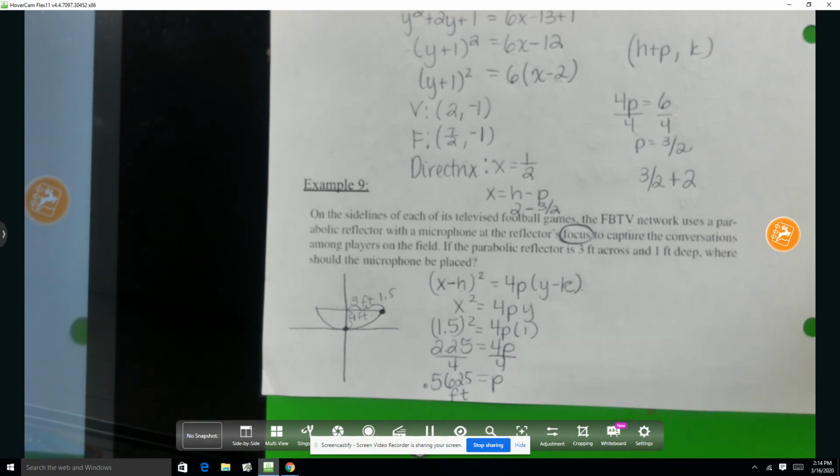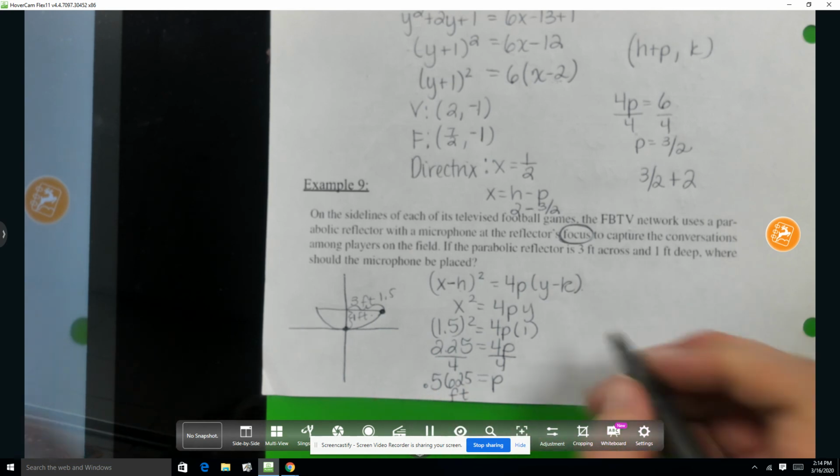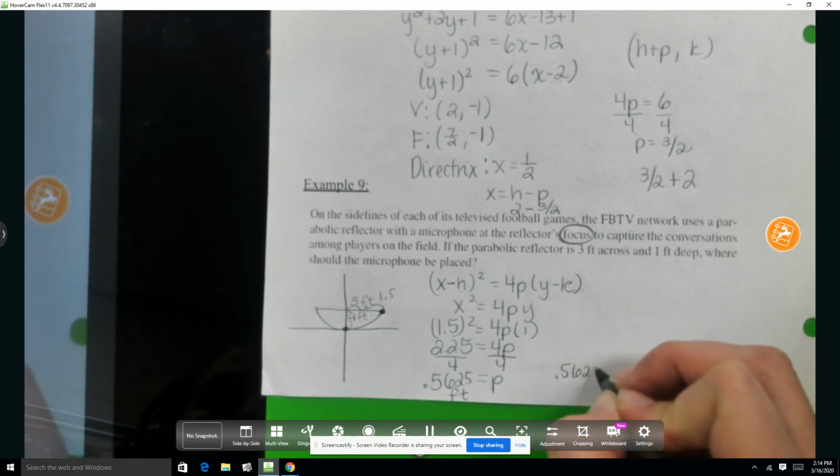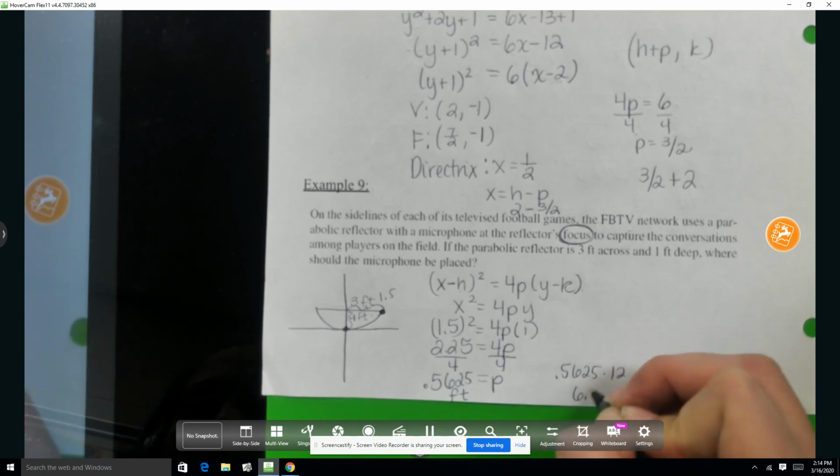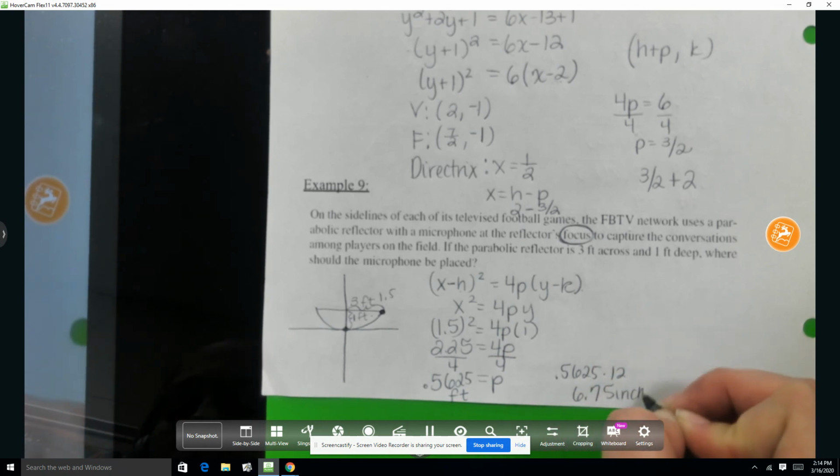So P, remember, stands for your focal length. So this is in feet, okay? If we wanted to, we could convert this to inches by multiplying it by 12. So if I multiplied this by 12, I would get that it is 6.75 inches.